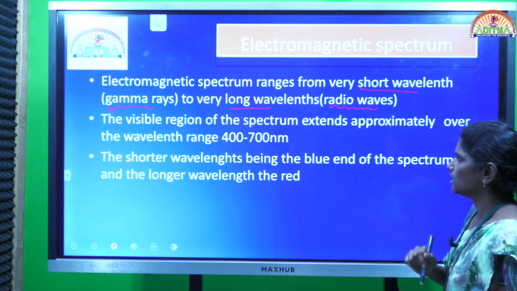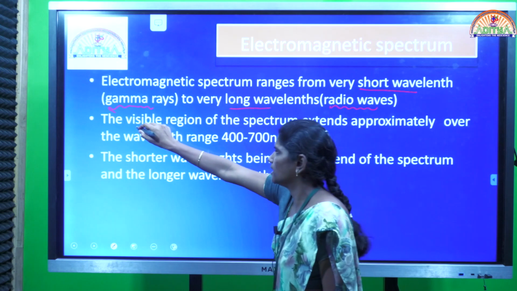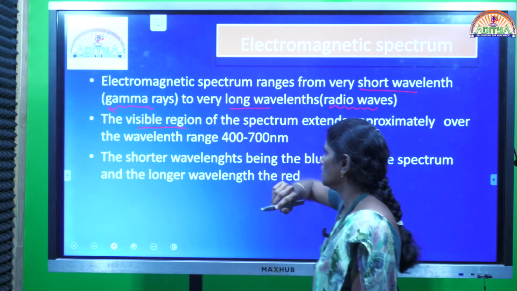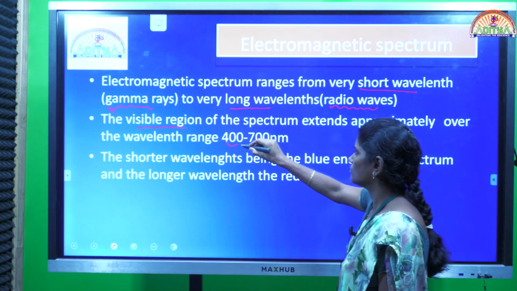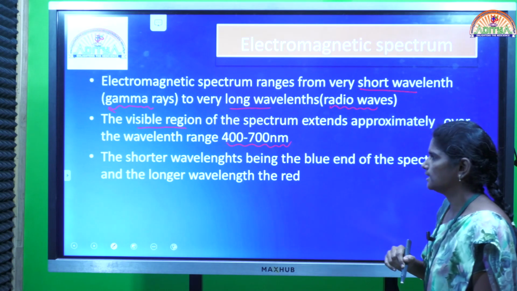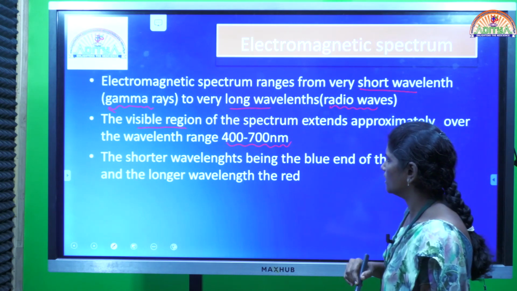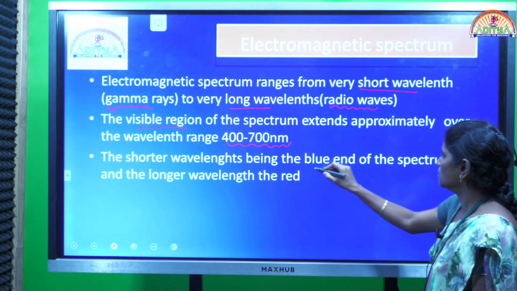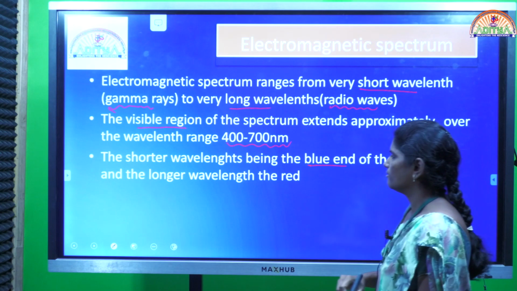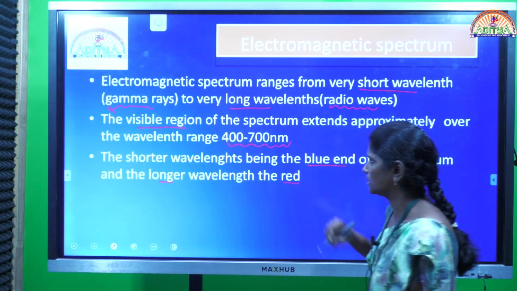Within this electromagnetic spectrum, there is also the visible region, where the wavelength of visible radiation ranges from 400 to 700 nanometers. The shorter wavelengths will be at the blue end of the spectrum, whereas the longer wavelengths will be at the red end of the spectrum.